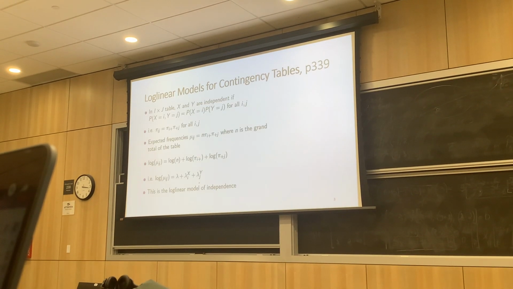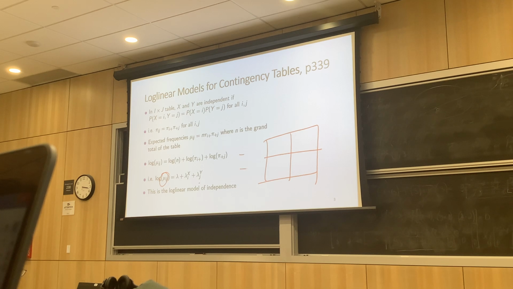Right, in log linear models, what we are trying to do is predict the expected counts in contingency tables. In the contingency table we have observed counts. For example, one example we can take is the malformation of babies.